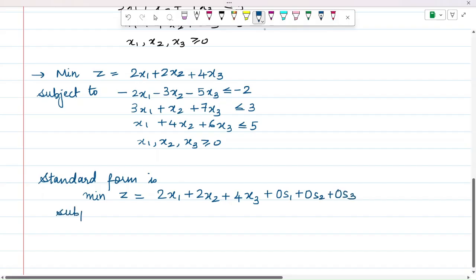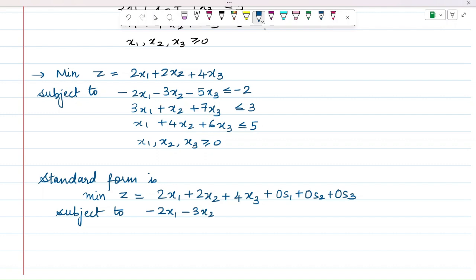We'll have the constraints getting changed to negative 2x1, negative 3x2, negative 5x3. S1 will contribute to the first one and no contribution from S2 and S3, hence their coefficient remains 0. This becomes the equality constraint with negative 2 on the RHS.